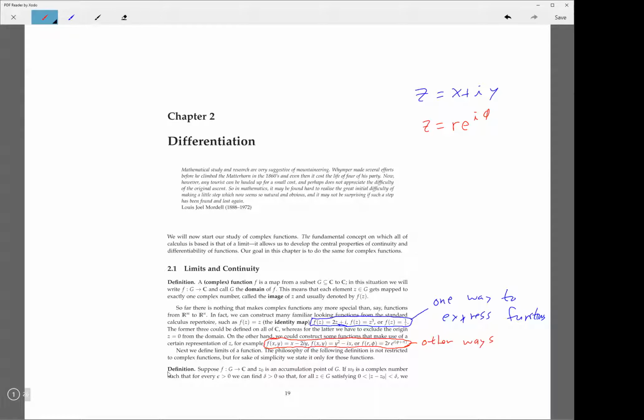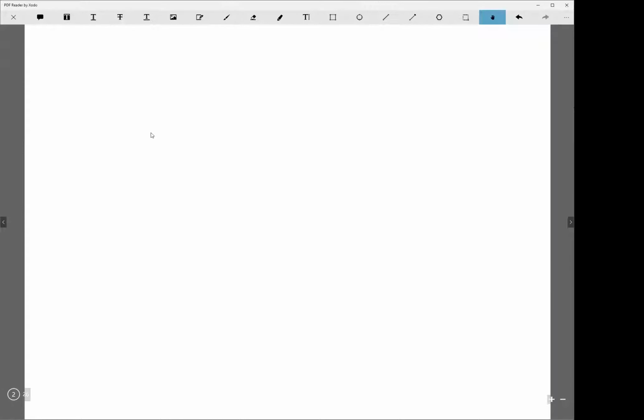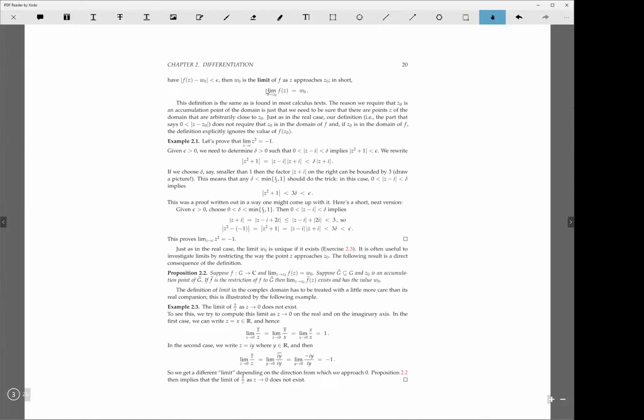This first definition is important. This is the definition of a limit. Given epsilon greater than 0, we can find a delta so that this implies this. Let me rewrite that a little bit.